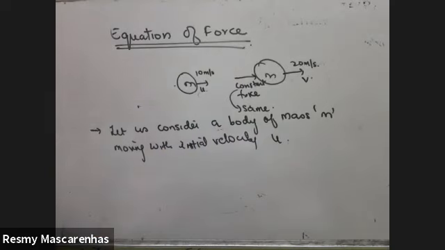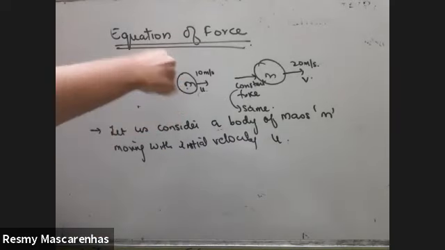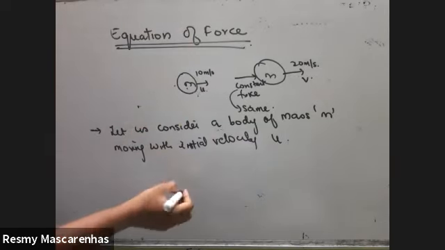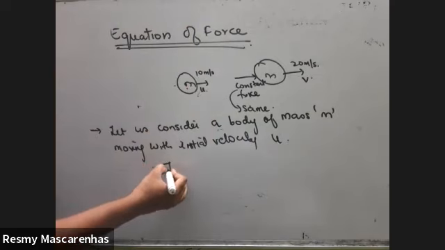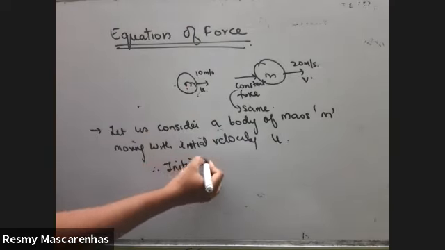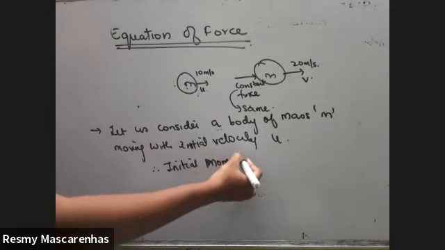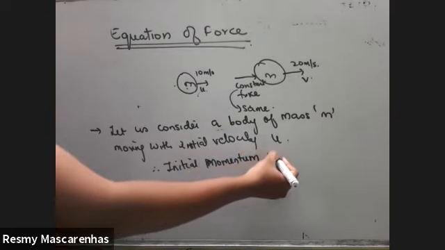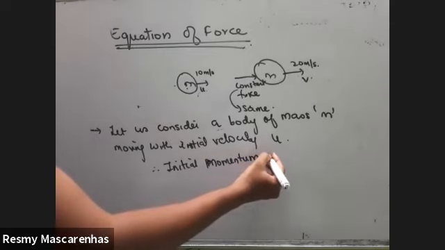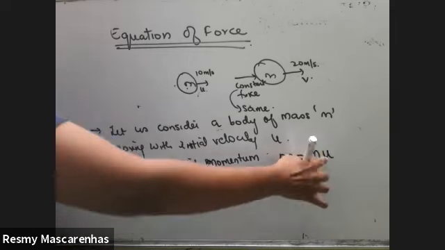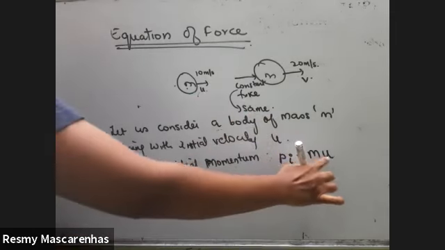So we are assuming that at the start, this object is moving at some initial velocity u. So what will be the initial momentum? Therefore, initial momentum will be, as I just gave you some time back on how to calculate the initial momentum, nothing but Pi, which is nothing but m into u, because initial velocity means u.